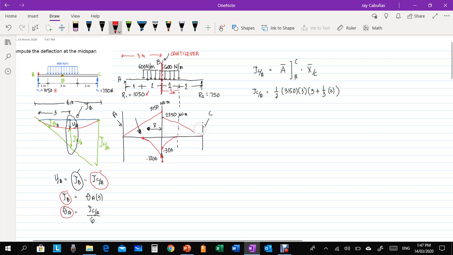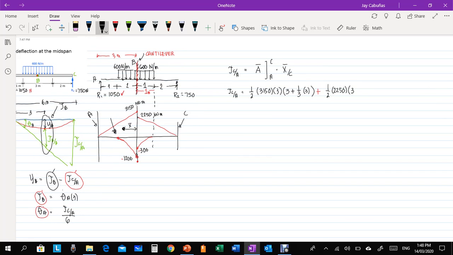Right, that is 3 plus 1/3 of 3. Next, what other area? Area plus 1/2 of 2,250 times 3, times the distance from point C, that is our centroid.